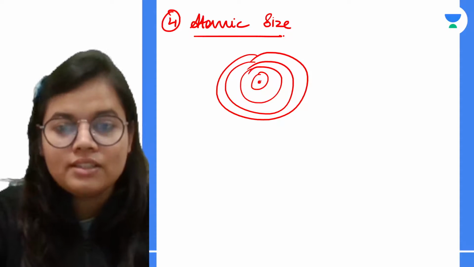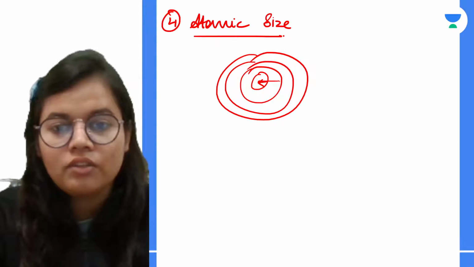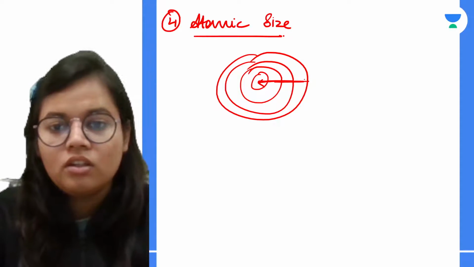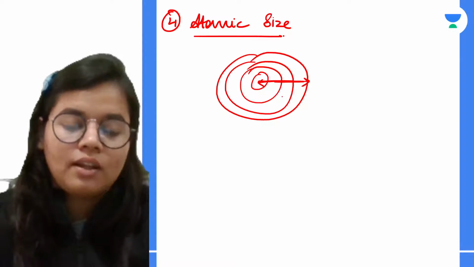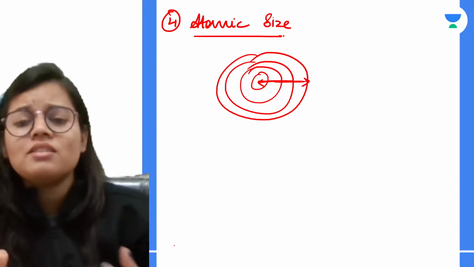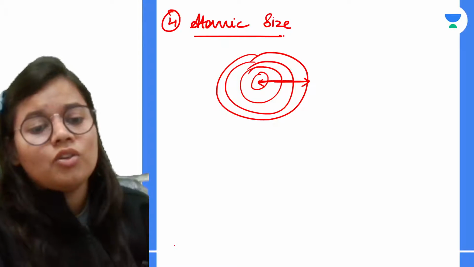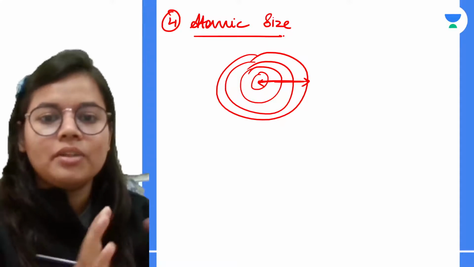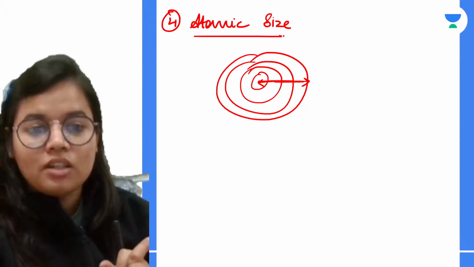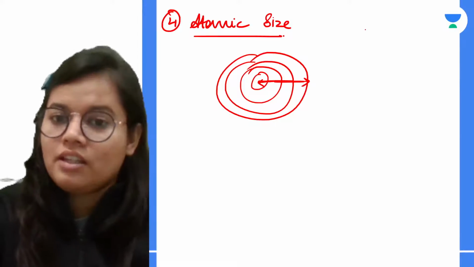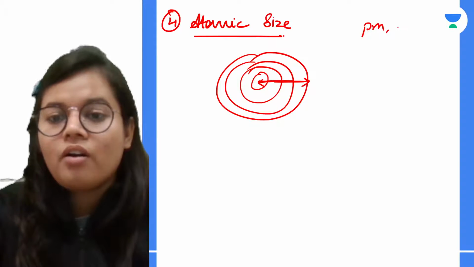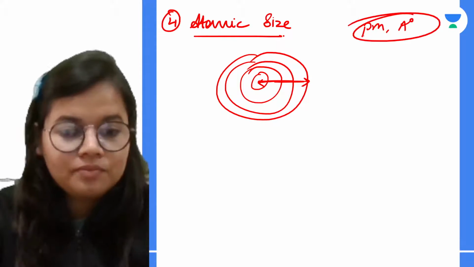It would be the distance from the center of the atom to the outermost shell. Since atoms are very small, तो हम लोग मीटर सेंटीमीटर में नहीं measure कर सकते. We are measuring it in picometer or angstrom, etc.